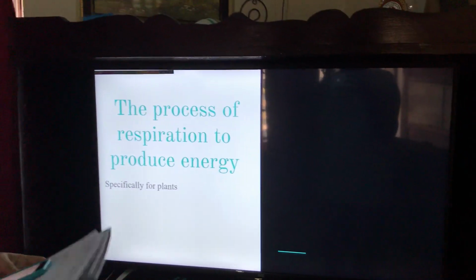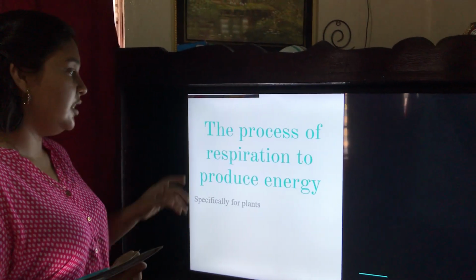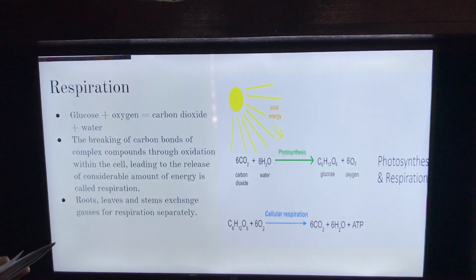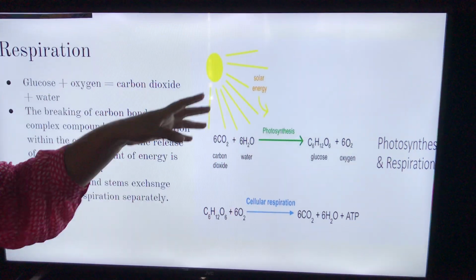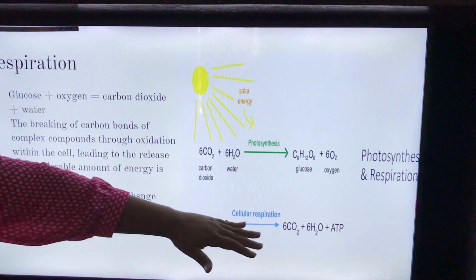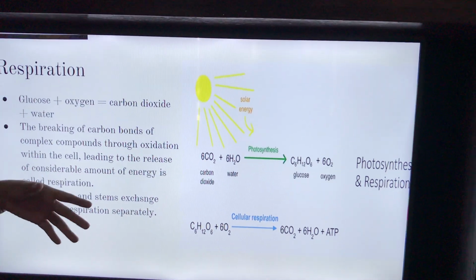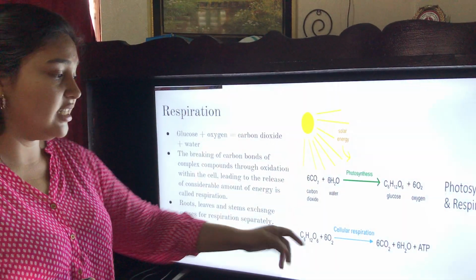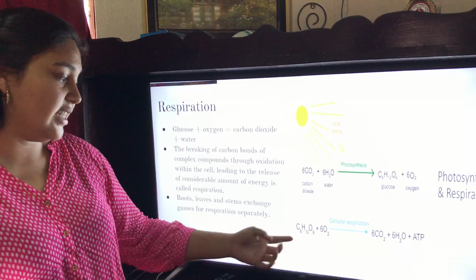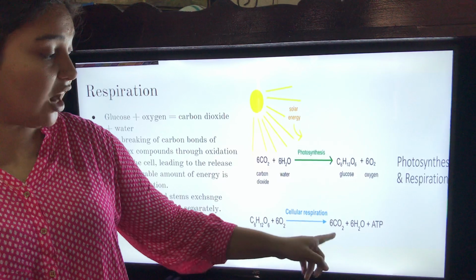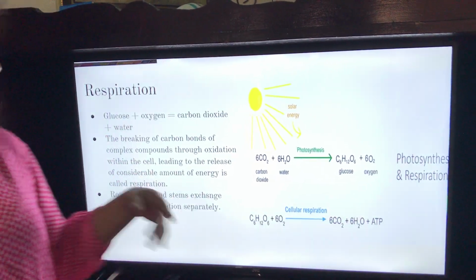Now the next process that we will be talking about is respiration, specifically for plants. Here we have the same picture as on the previous slides, but on the bottom we have the equation for respiration. When you really think about it, the equation for respiration is the equation for photosynthesis in reverse, because here we have the glucose of the plant plus oxygen, which will make carbon dioxide plus water plus ATP as byproducts.